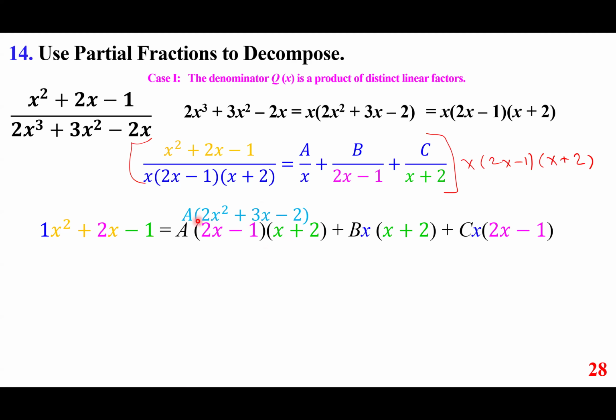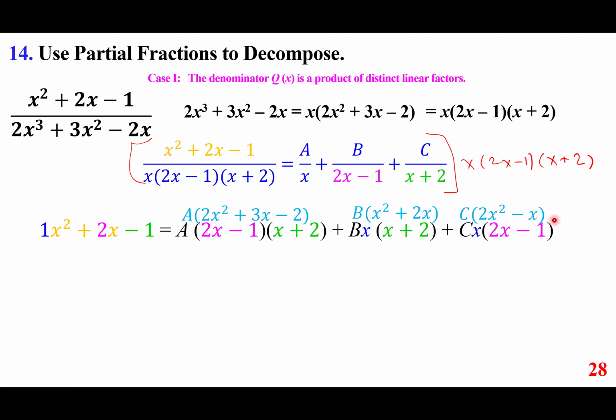So that one is a times those. What happens with this one is x squared plus 2x, b remains. So b times x squared plus 2x. And the last one, we're going to keep the c, and this is 2x squared minus x.